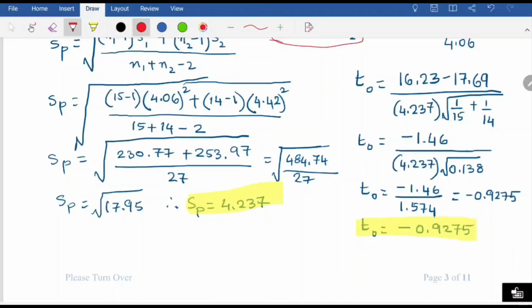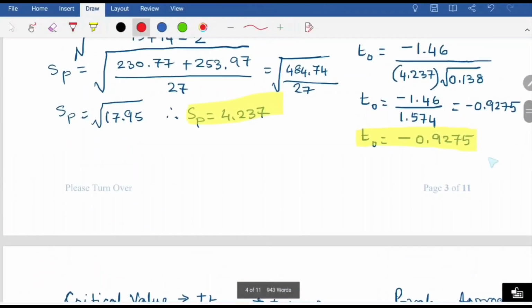That would be all right, but do not make it negative 0.93. That's going to be rounding it up too soon. So please, by default, unless the question states otherwise, use 3 decimal places in your calculated values.